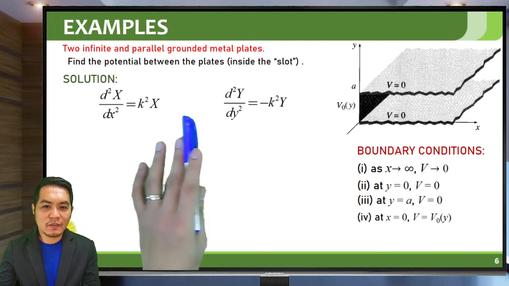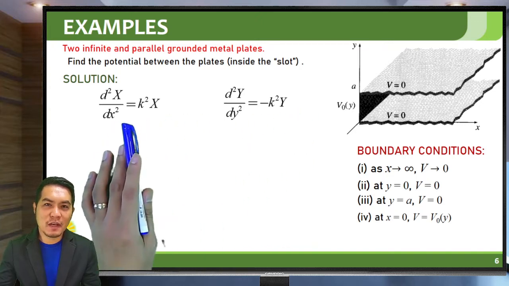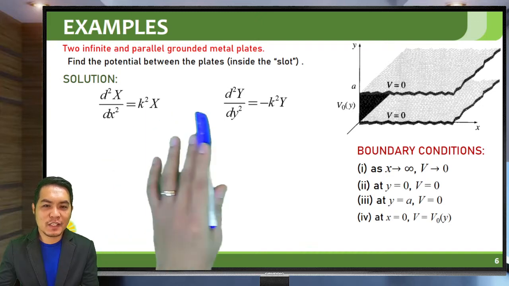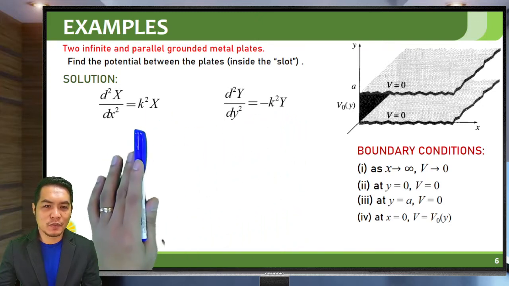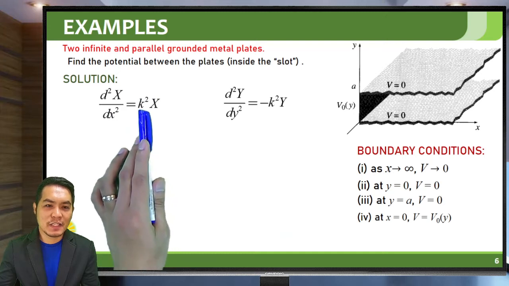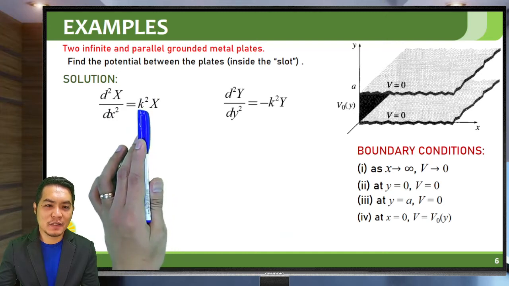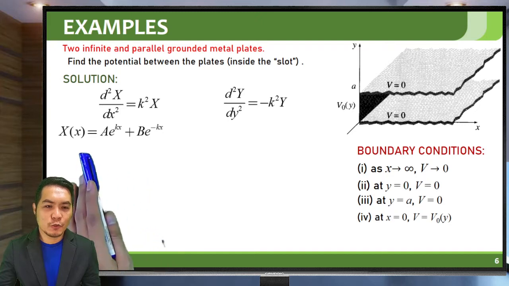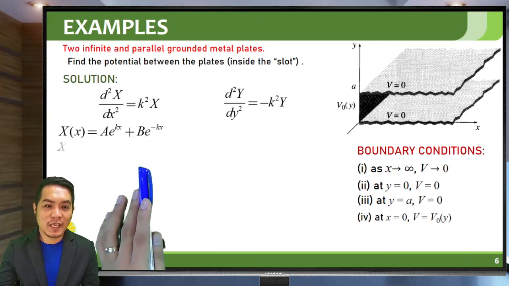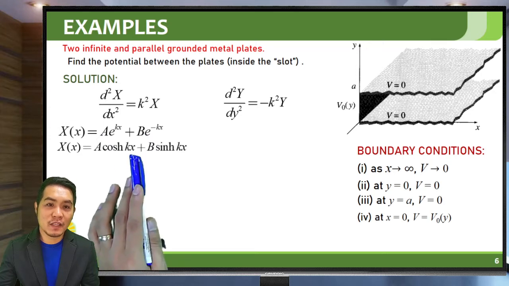You'll notice that they actually have the same form. In here you have positive k squared, in here you have negative k squared. If you have a second order differential equation like this, and it's positive k squared here, then the solution could be a e to the kx, or b e to the negative kx, or hyperbolic cosine.